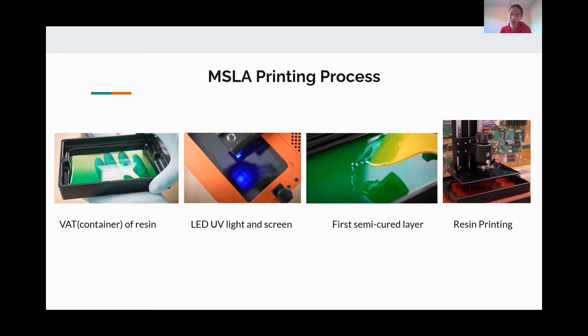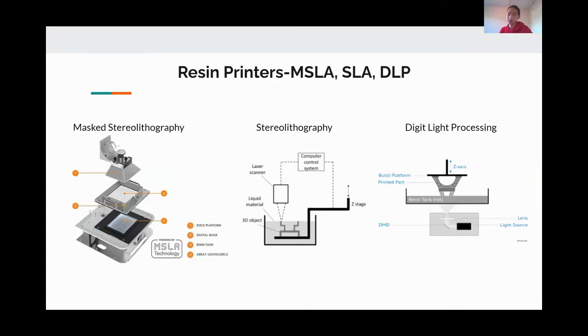Basically, you use the LED UV light to cure it, and then you also have a mask screen to block off the parts you don't want to cure. That's how an MSLA printer works.